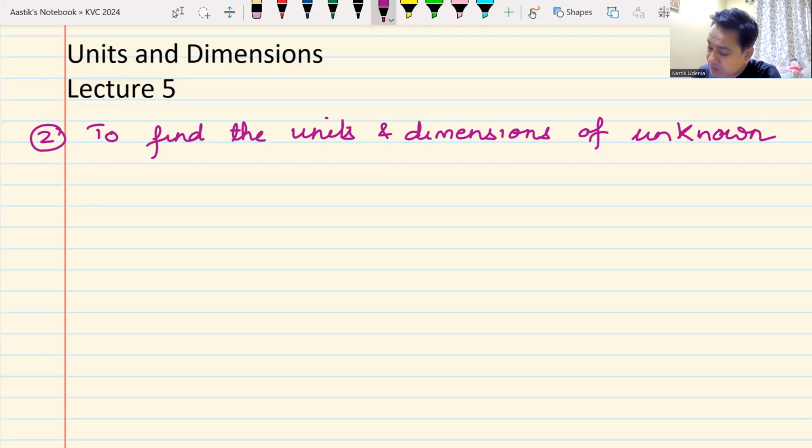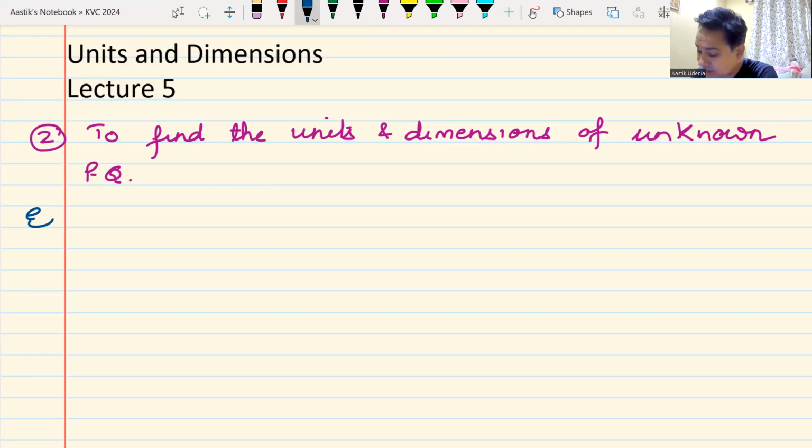You can find the unit and dimension of unknown physical quantities if the equation given to you is correct, and in most cases the equation given to you would be correct. So if it is so, then you should be able to find out the units and dimension of any unknown.